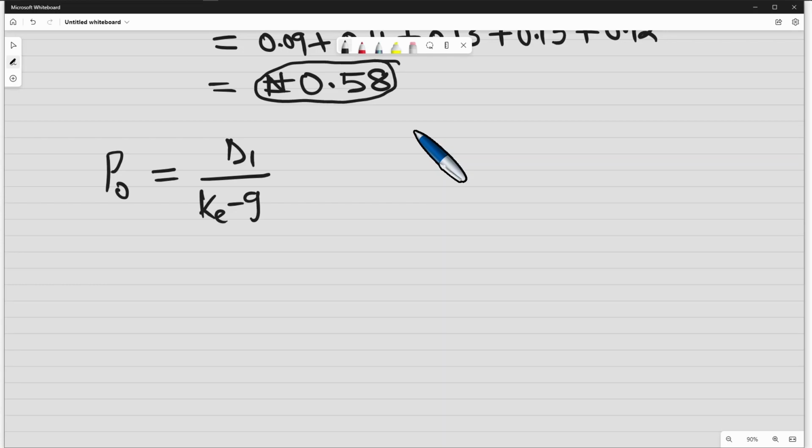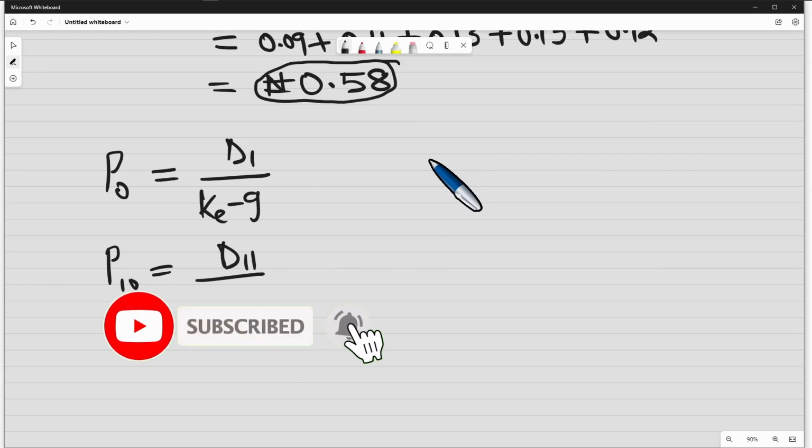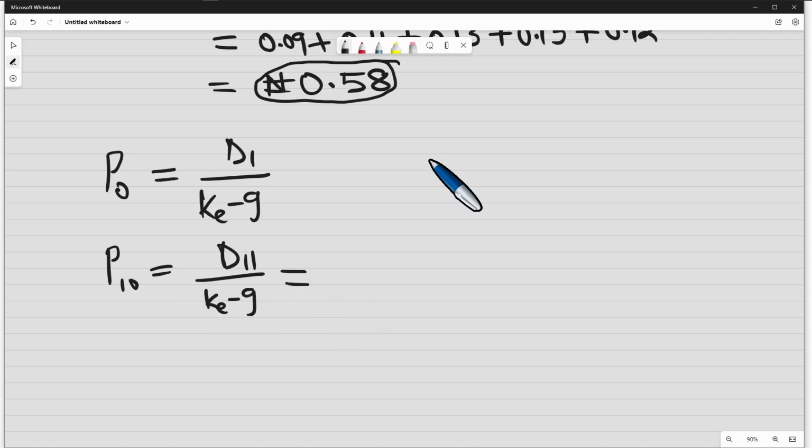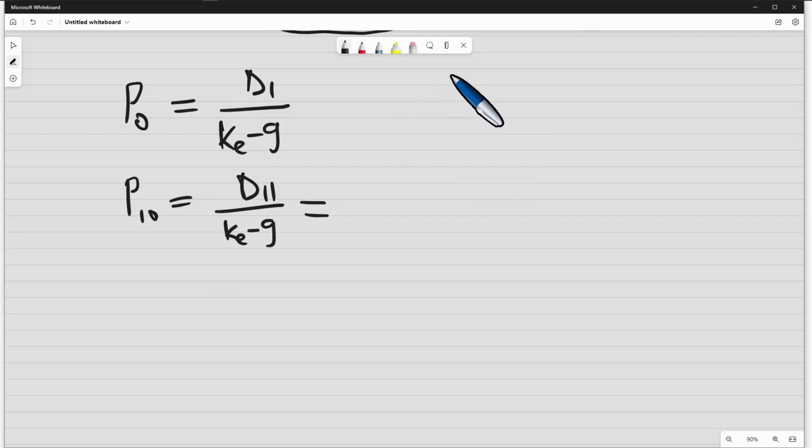So for year 10, P10 equals D11 all over KE minus G. D11 is D10, which is 50 kobo, 0.5 multiplied by 1 plus 10%, all over 15% minus 10%.